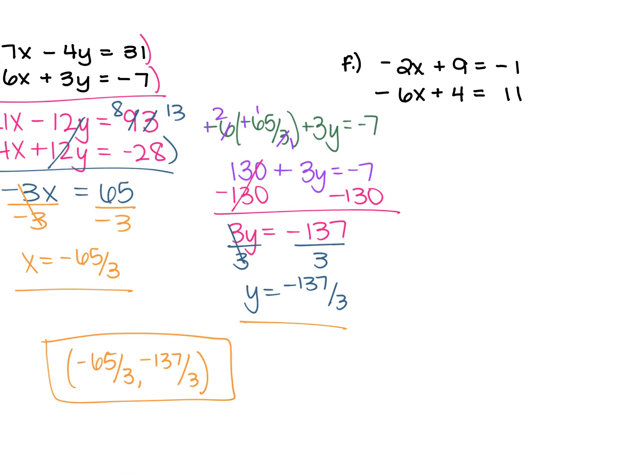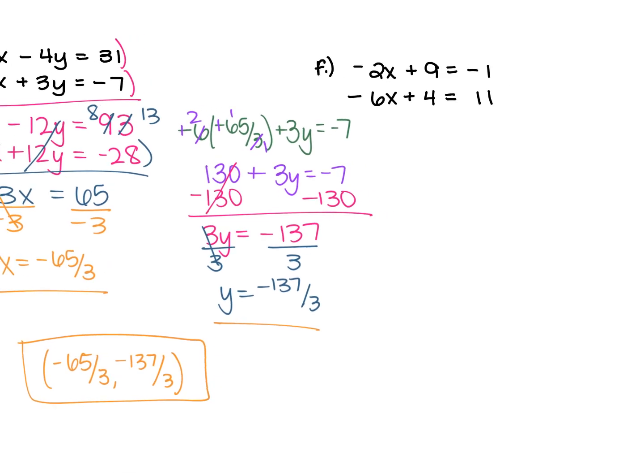For your last example, F, you have -2x plus 9y is equal to -1, and -6x plus 4y is equal to 11. These should be a 9y and a 4y, so just make those changes before we start working with this. So your least common multiple is smallest with your 2 and your 6, because you'll only have to multiply the top equation by 3.